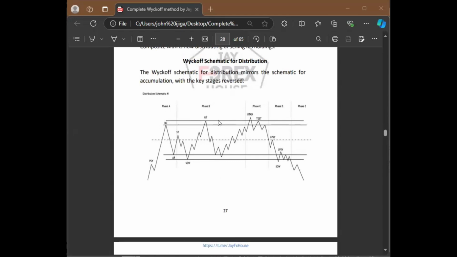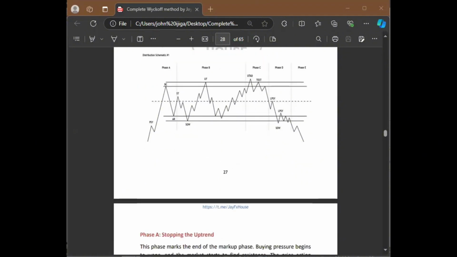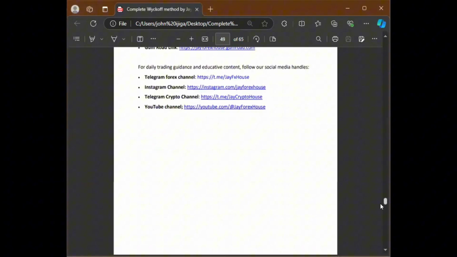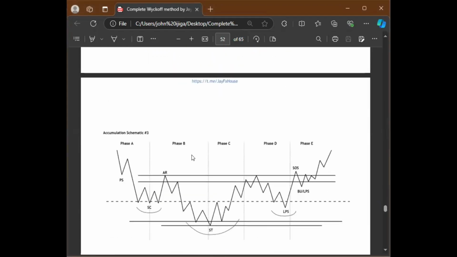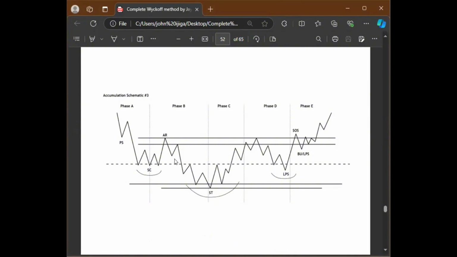So phase B is not really a trend, it's where the accumulation of retail traders is being done. So it's not the safest time to get in the market. This is the same for all schematics. If you're coming from the reaccumulation, redistribution, and all of that, they all have phase B as the most manipulative phase in the market.